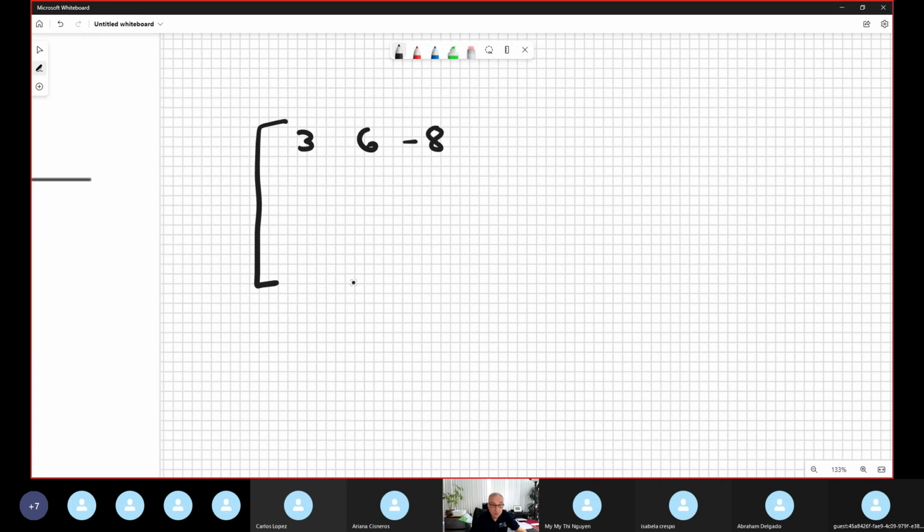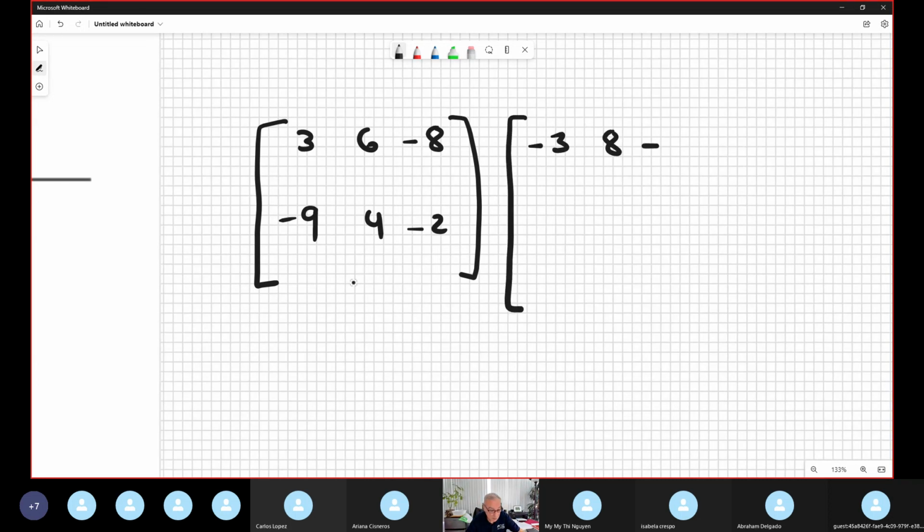Suppose this matrix multiplication by this matrix, which is -3, 8, -6, -3, 7, -2, -2, -3, and -2.